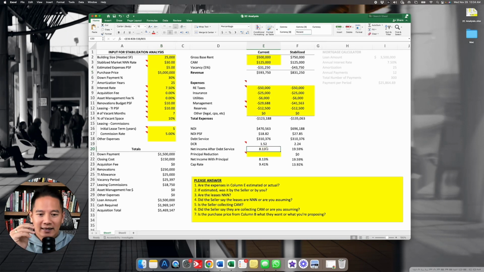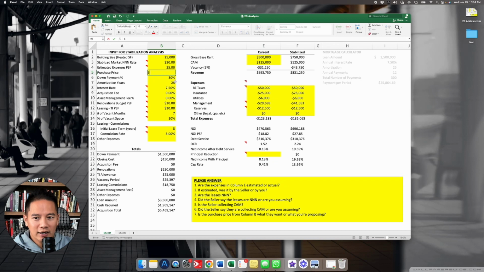If you tell the seller, hey seller, go ahead and sell for this price, he's going to laugh in your face, because for today's current market with an interest rate of 7.5%, 8.17 is just too high. So going a little deeper, that's a cap rate of 9.41. Again, way too high.